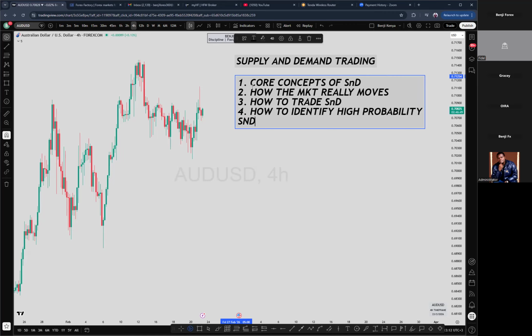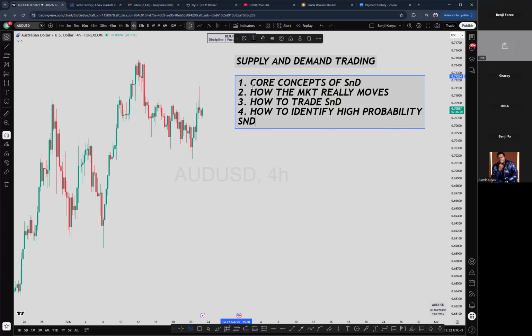This is my key trading strategy. This is what I started using in my second and third year in trading, and it really revolutionized my trading career and made me start making a good amount of money from trading.